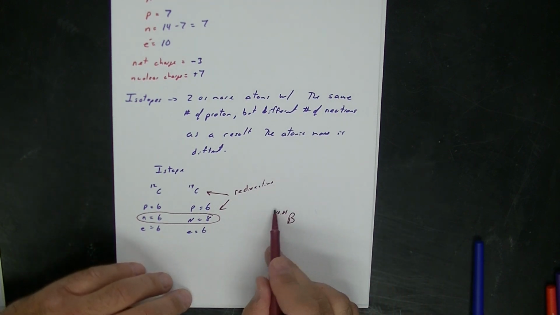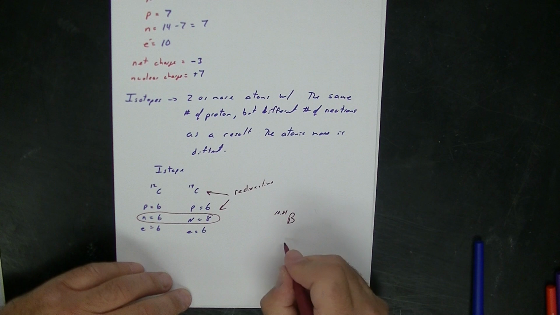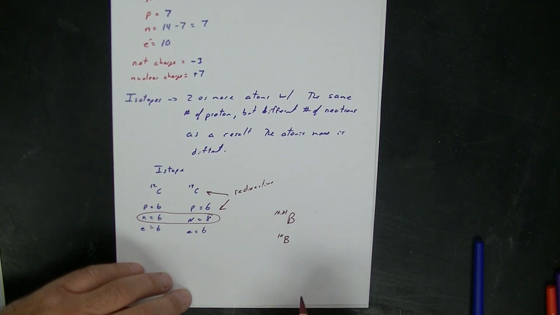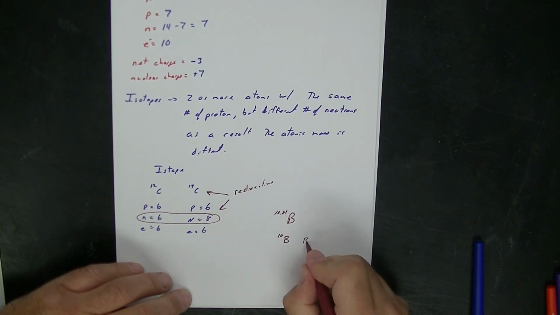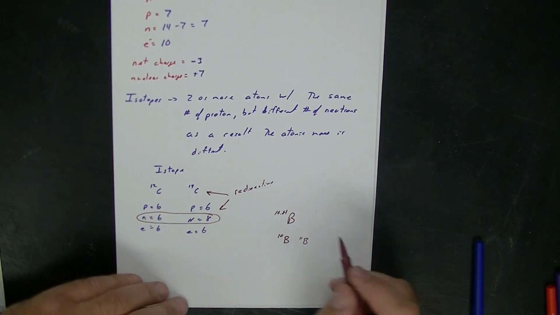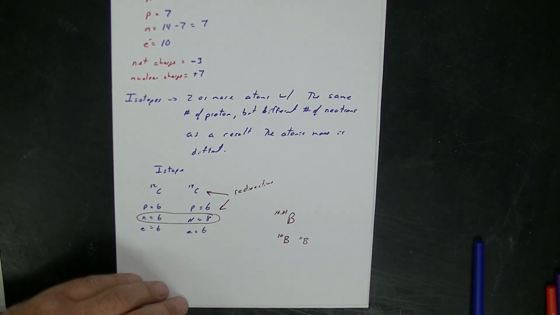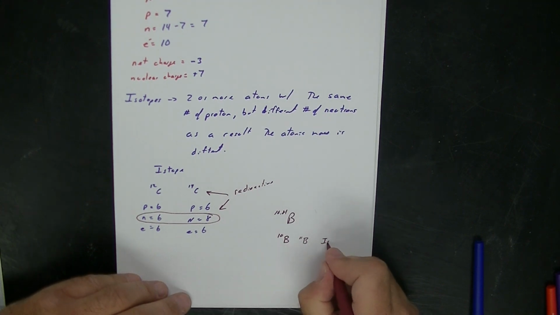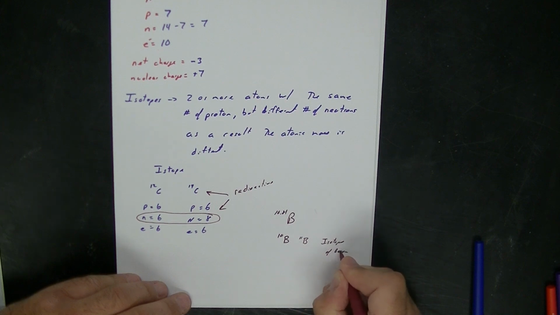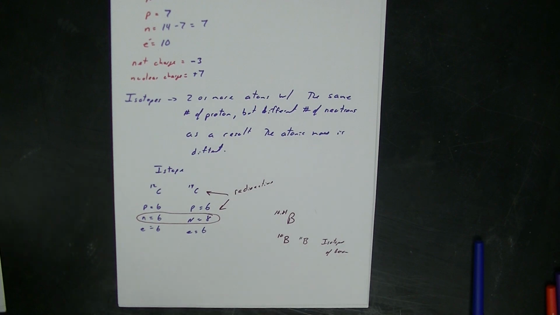Remember, this is an average, and we're going to talk about this in a minute. So there has to be probably a boron-10 and a boron-11. If we were to guess, one below this number, one above it. Those would be the isotopes of boron, and they differ by 1 neutron.